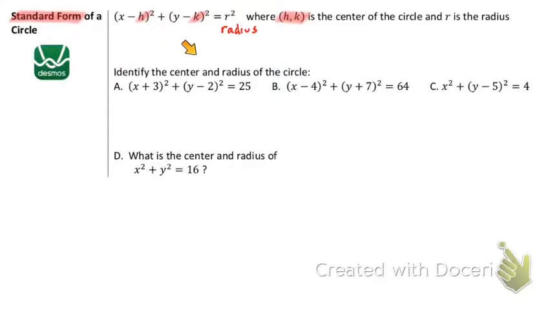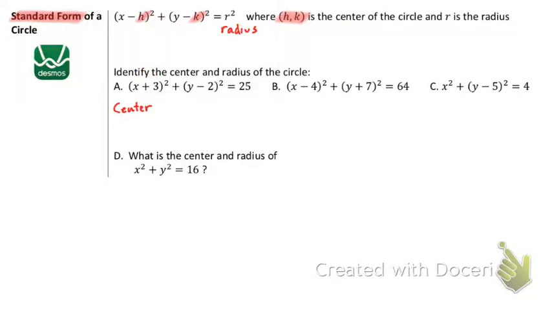So let's do example A. Our job is to identify the center of the circle from this equation, and then the radius of the circle from this equation. So let's go ahead and do it. Our center is H and K. If you look at our equation, our H is the number that adds or subtracts to the X. So this number 3 is going to give me my H. But we have to do something to find it.